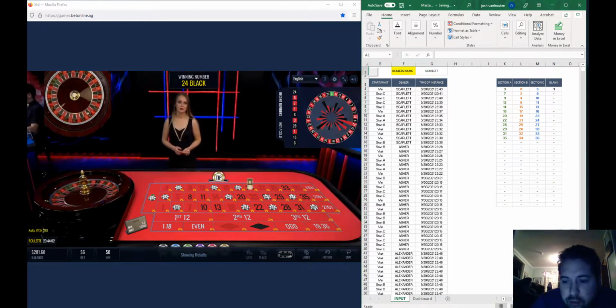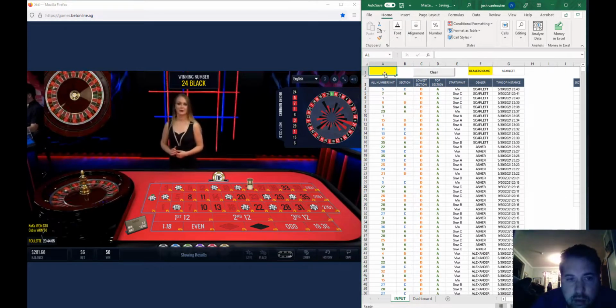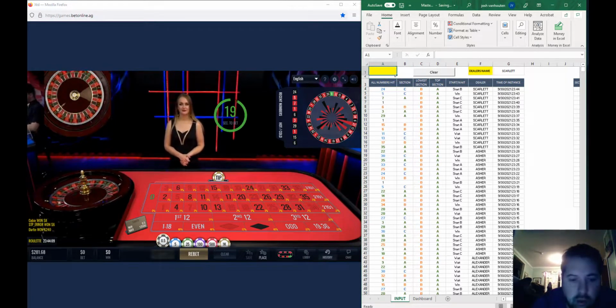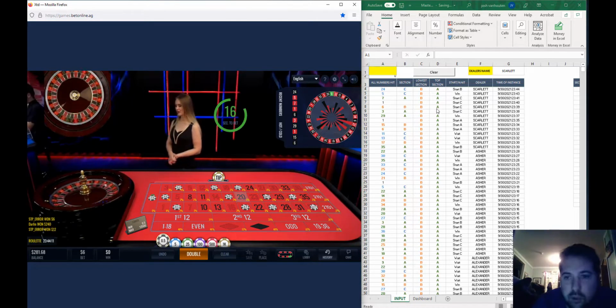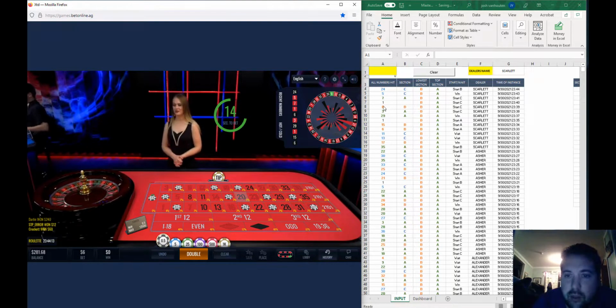And it's 24. Not a big deal. Now it's going to tell us to bet B, or start B. See what I mean? It says start B. The reason is because it hasn't hit 1, 2, 3, 4 times.